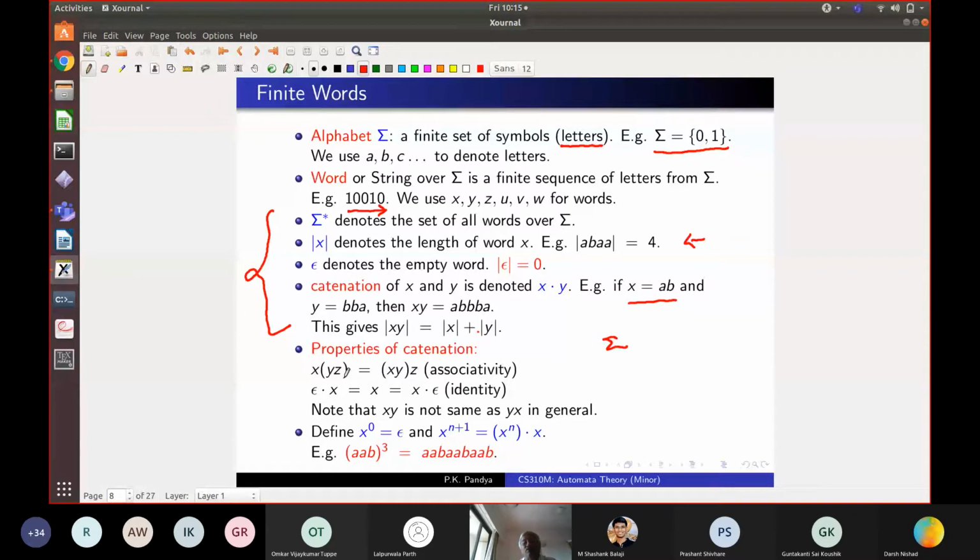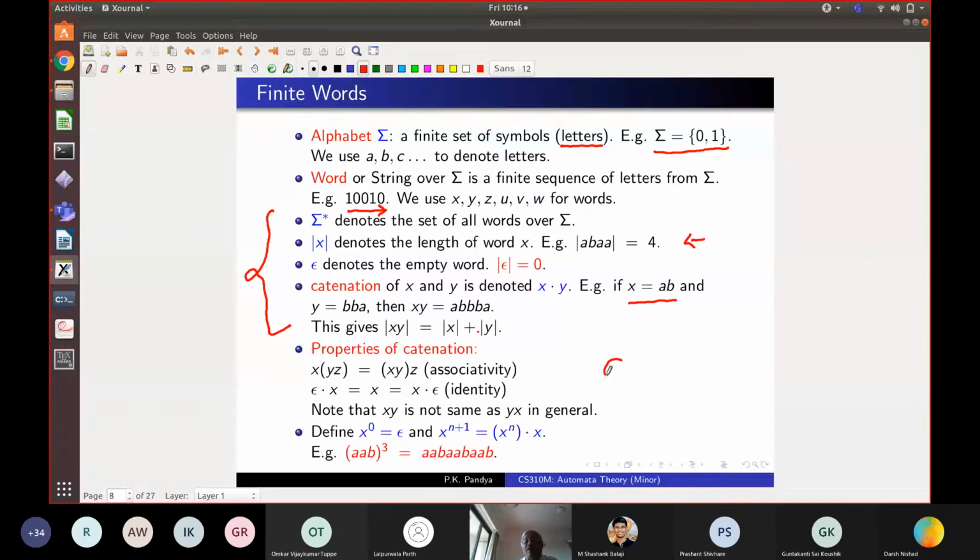Then the sequence that you get is the same as if you catenate x with y and then catenate it with z. So this is a property called associativity of catenation. This is just like associativity of addition, you know, a plus b plus c is equal to a plus b plus c, right? The order in which you do addition doesn't matter. Similarly, multiplication is associative. Catenation of words is also associative. So is this property clear to you? And you can easily see why that is the case.